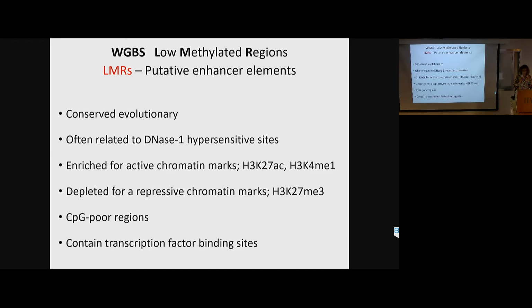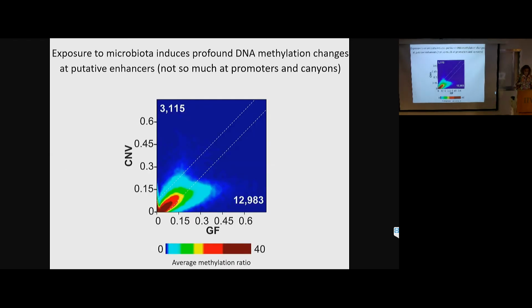They look like enhancers. So we characterized the LMRs that we get in CNV versus the GF, and we saw that we have a lot of LMRs that became hypomethylated in CNV versus GF.